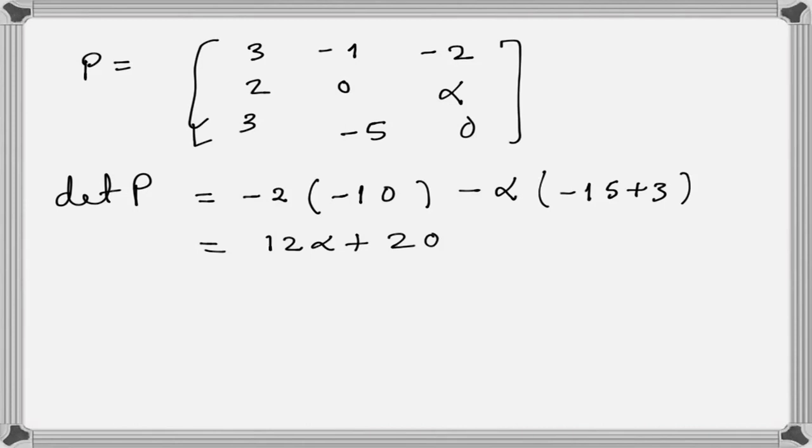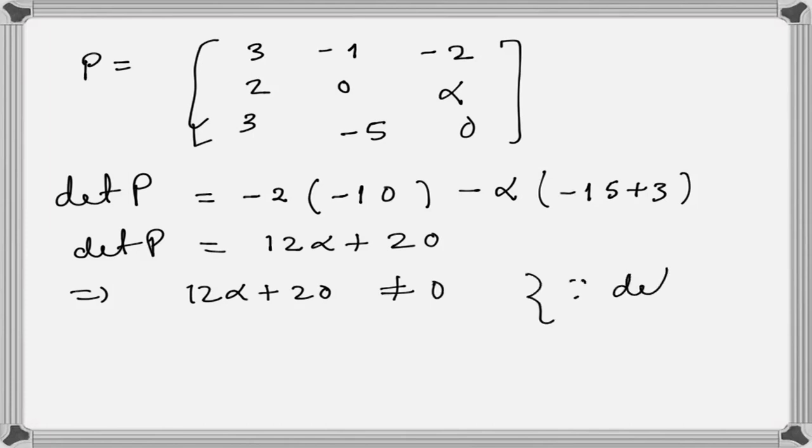Given determinant P is not 0, this implies that 12 alpha plus 20 is not equals to 0.